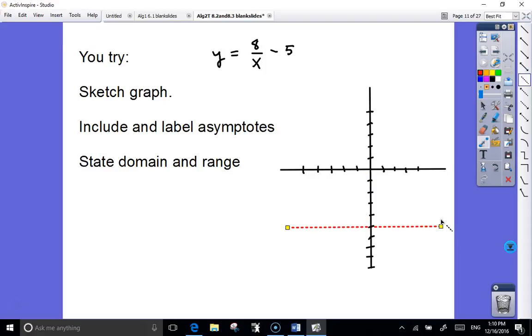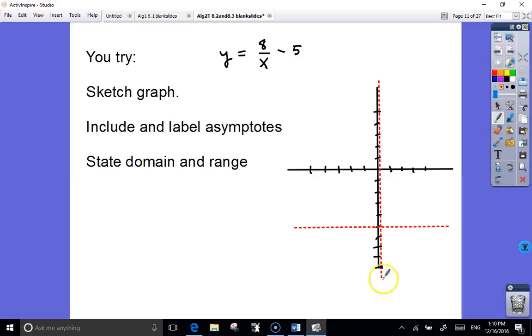That's good. Okay, so what about the vertical asymptote? Where is it? If you didn't go left and right, it's still at 0, right? So just draw that in. And then label x equals 0, y equals -5.